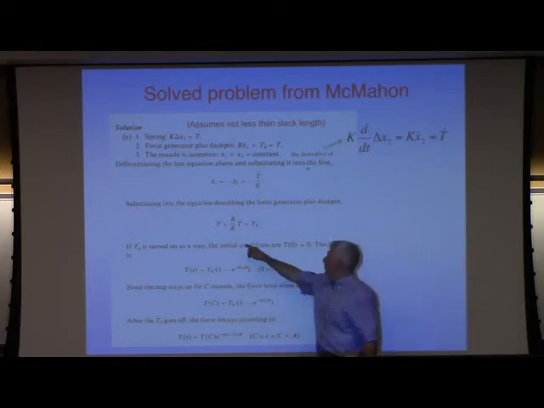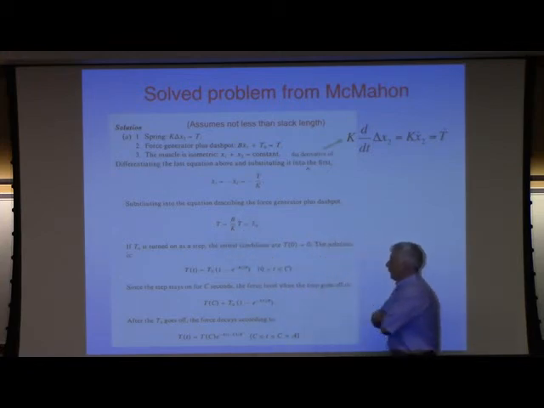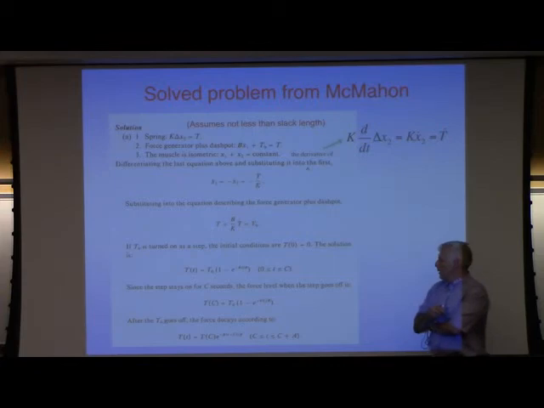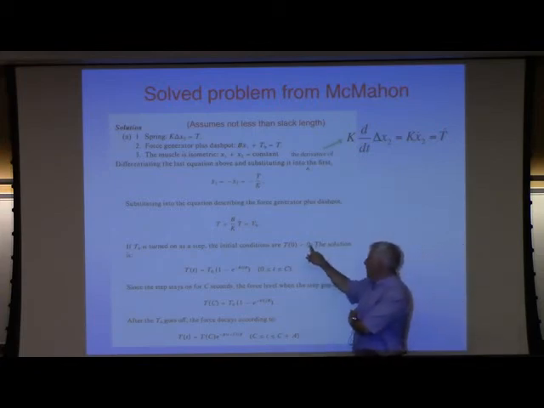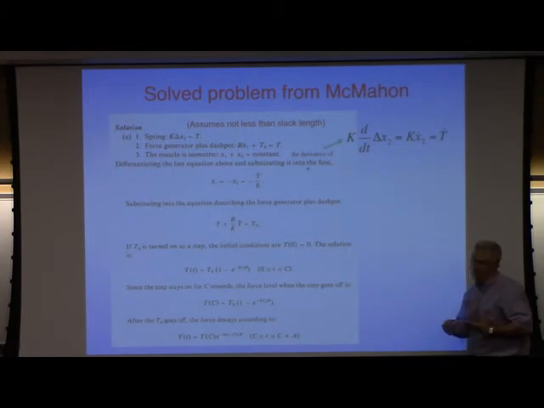Anyway, this is a simple first order differential equation. You're going to solve for T as a function of T0, and then set up the boundary conditions. It starts off at T0 equal to 0 at time 0, and then you can solve, so he just does this and says, okay, here's the answer for you.